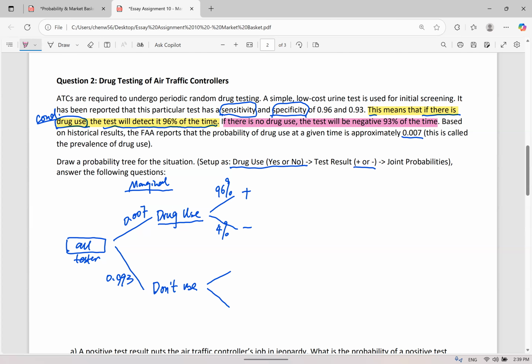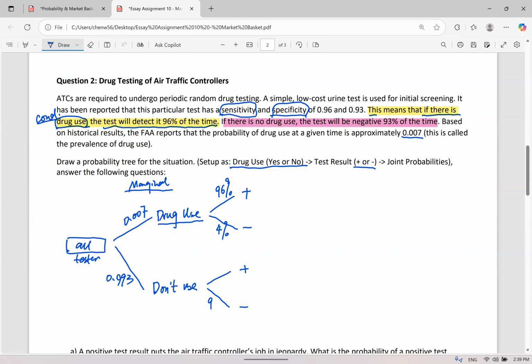So what is the positive percentage here? If there is no drug use, then the test will be negative 93% of the time.